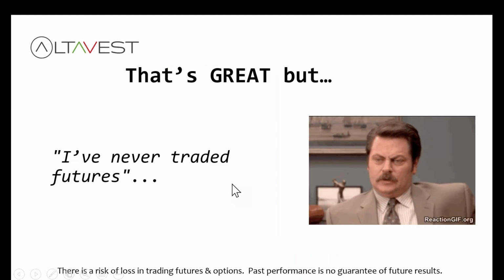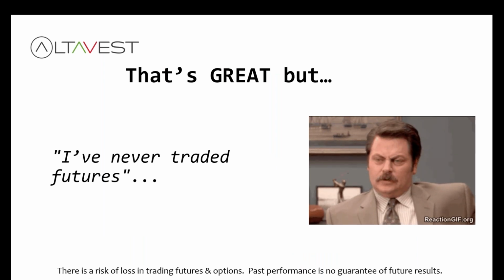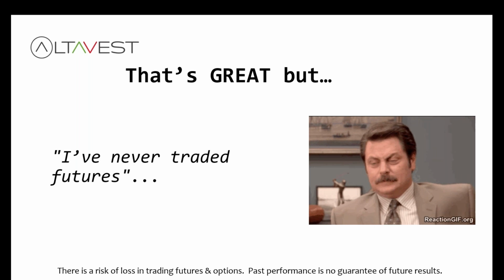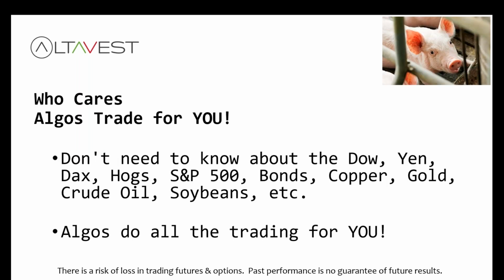I want to show you this. Here's a comment we get: I love all this, I want to do it, but I've never traded futures. Well, I guess the response is it doesn't matter. The algos do all the trading for you. And it doesn't matter if you don't know the chart patterns or the fundamentals on any of these commodities or stock indexes.